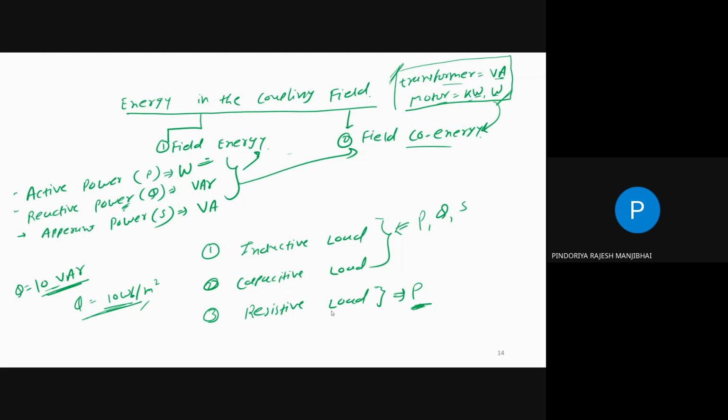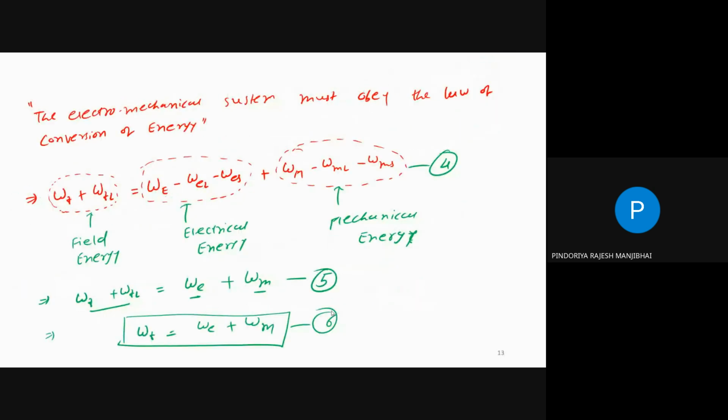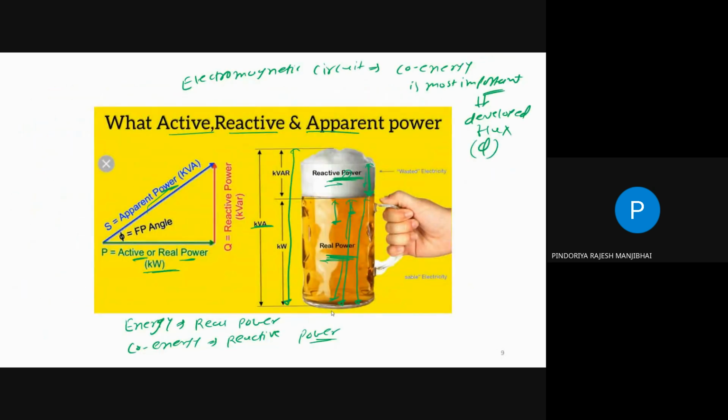There is field energy and field co-energy. Co-energy is nothing but reactive energy. It is circulating in the circuit, but it is not consumed, correct? And then we discussed active power, reactive power, and apparent power with the example, correct?